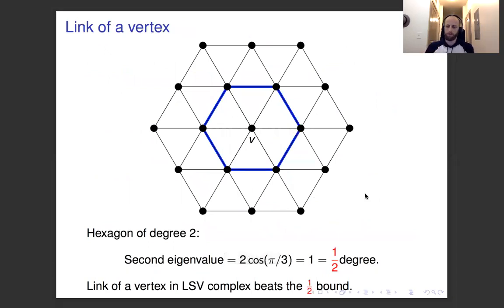And this property is very important. Let me just say that the fact that in the links of these LSV complexes the second largest eigenvalue is smaller than half of the degree gives you all sorts of nice high-dimensional expansion properties.